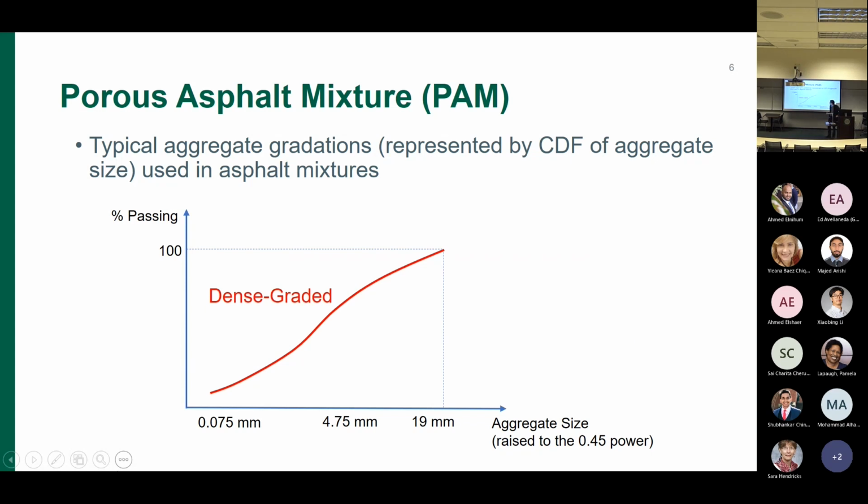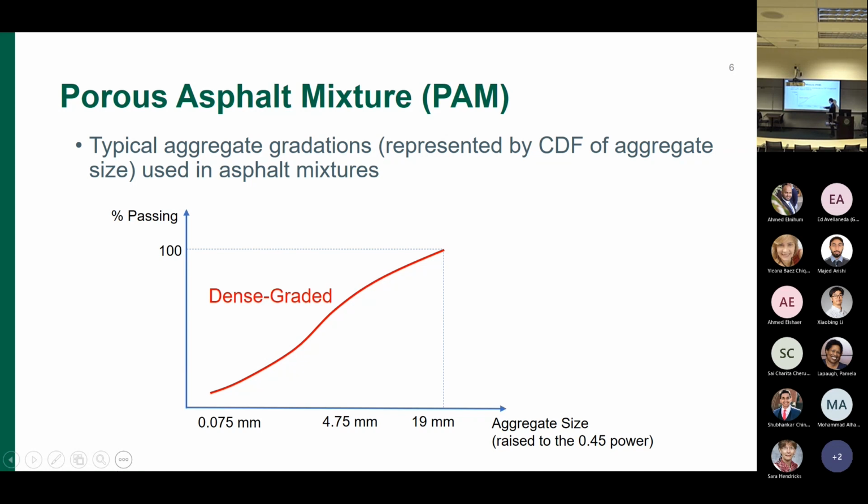For asphalt mixtures, there are a number of aggregate gradations that are commonly used. For example, here I show a gradation line for dense graded asphalt mixtures. This is similar to a cumulative distribution function of the aggregate sizes.